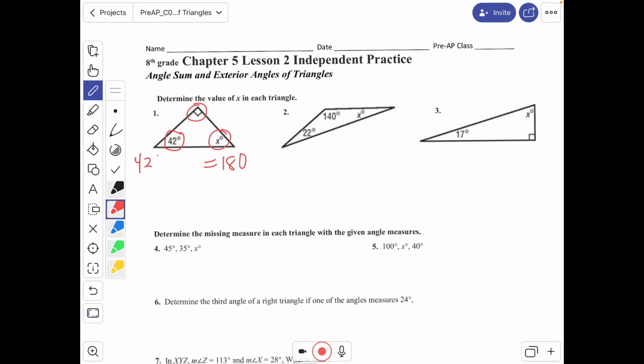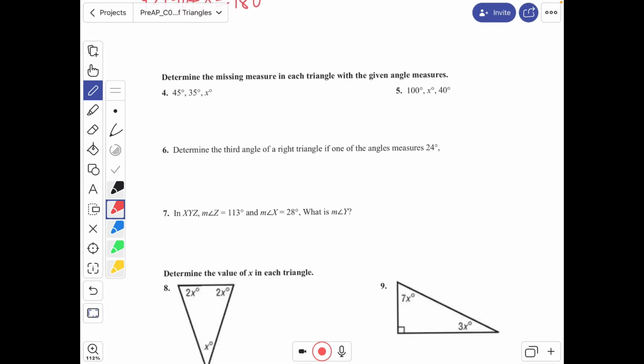If you add all the angles together, they should equal 180. So if you write out the equation, then you can solve for x. Same thing on 4 and 5. You're just going to put all of those together and they will equal 180. And you solve for the missing one.